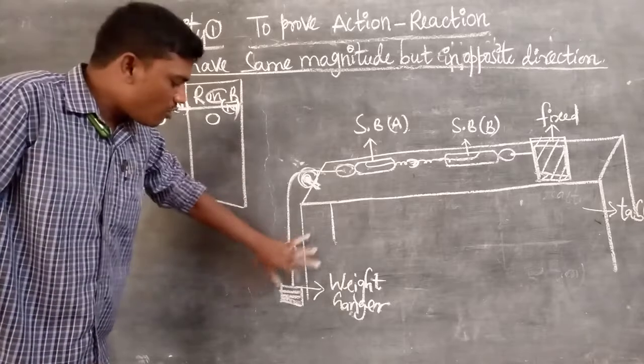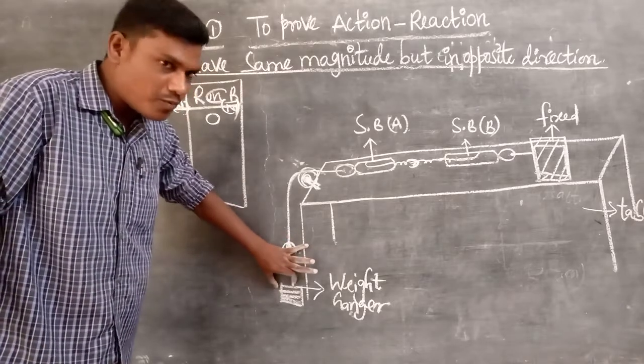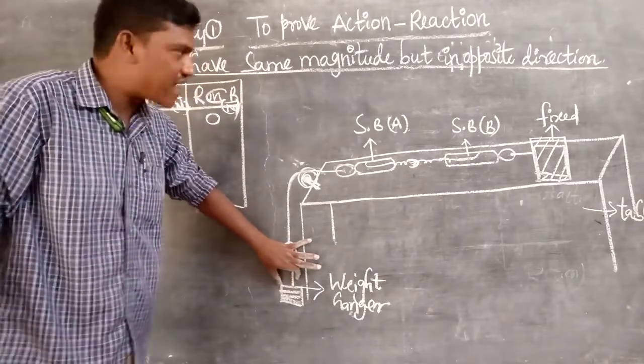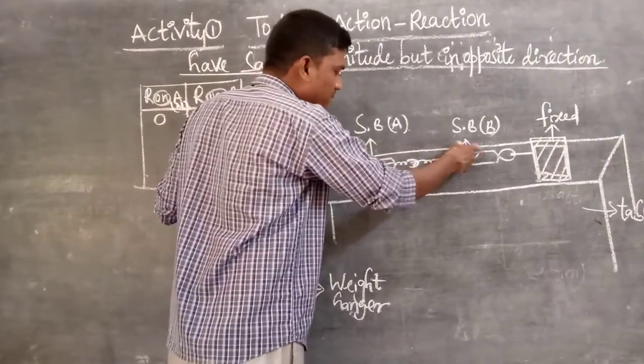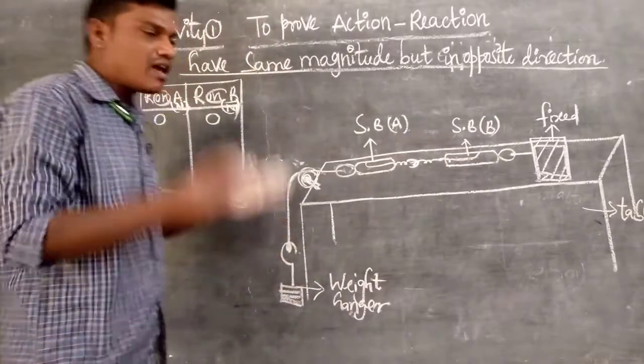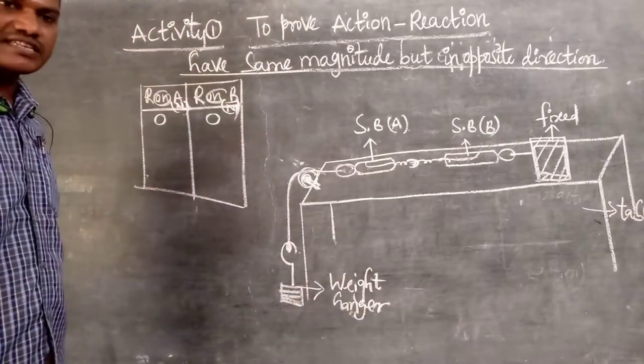Why? Because no weights are kept in the weight hanger, both spring balances show 0 Newton.